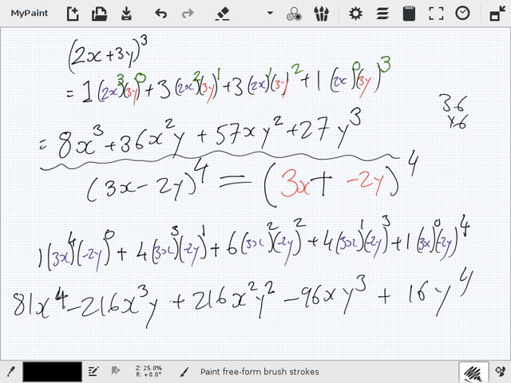So you're actually only writing down 2 lines. The time is taken up because you first have to write down the coefficients, 1, 4, 6, 4, 1. Then you put in your numbers, so 3, 2, 3, 2, 3, 2, 3, 2, 3, 2, and then you put in the powers, 4, 0, 3, 1, 2, 2, 1, 3, 0, 4. Okay, and then you have to calculate to get the simpler form. But it's not so different each time.